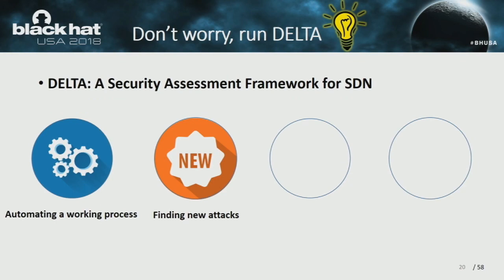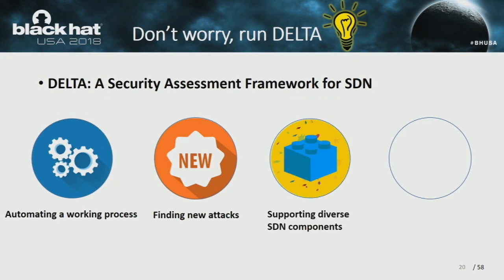So in our framework, we specifically aim to first test SDN control flows, such as OpenFlow in OpenFlow-based SDN. And third, Delta should support various SDN components. For instance, currently Delta supports 4 open source SDN controllers, including ONOS and OpenDaylight. And in the case of the switch devices, any OpenFlow-enabled switches can be tested.